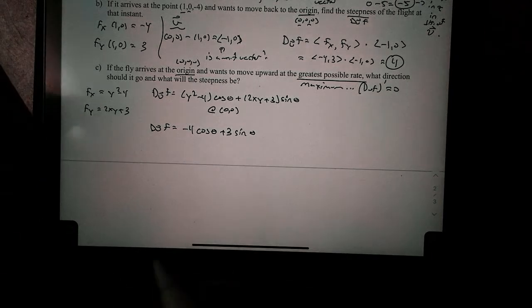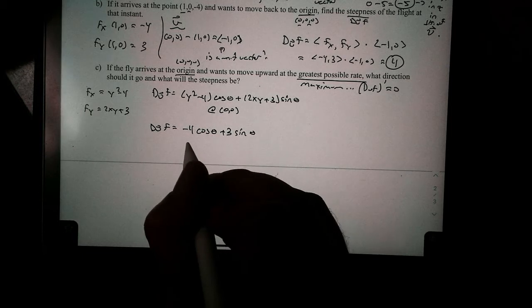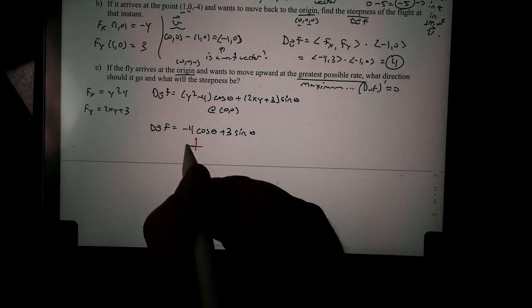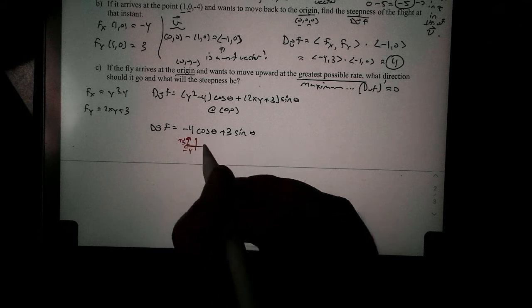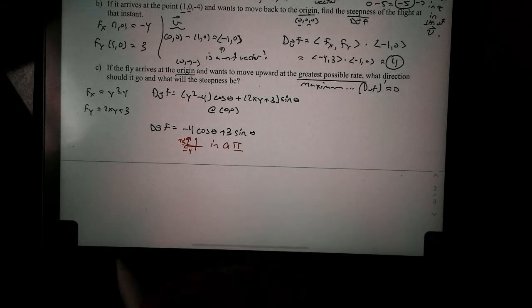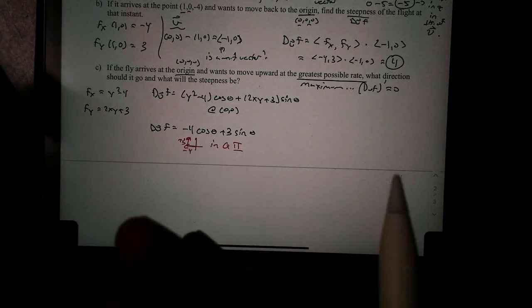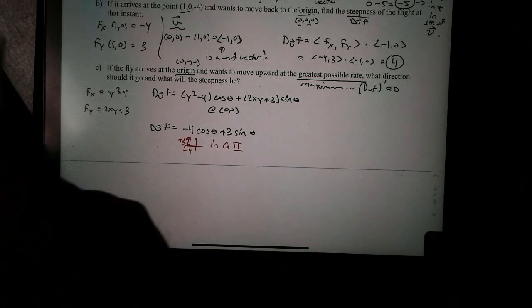Well, we are going left 4, up 3. If I look at a coordinate system, we are going to go left 4, up 3. This puts us in quadrant 2. We're going to be in quadrant 2 for our final answer. That becomes very important, especially when we start looking at direction.